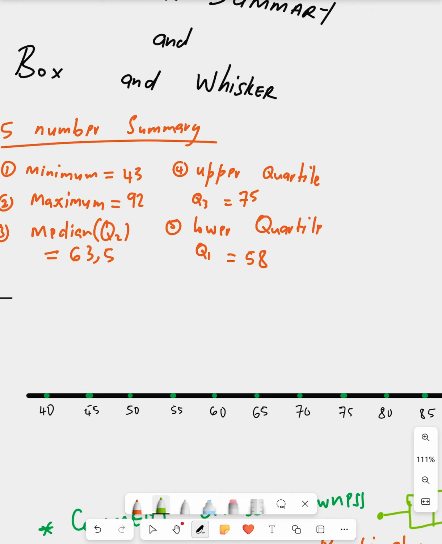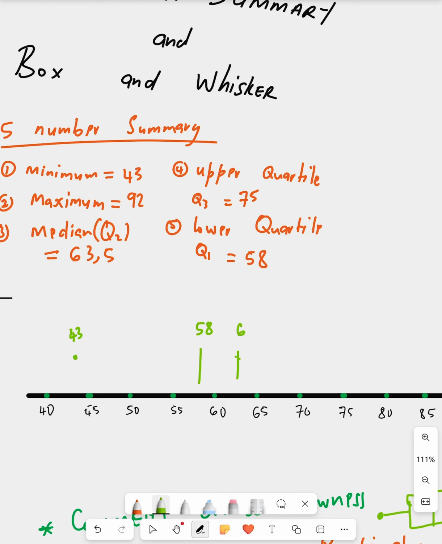To draw the box and whisker, we start from the minimum. Our minimum is 43, so 43 is somewhere here. You need to indicate this is your 43. And then we have our Q1, which is 58, so 58 is somewhere here. We have our Q2, which is the median, 63.5, somewhere here.